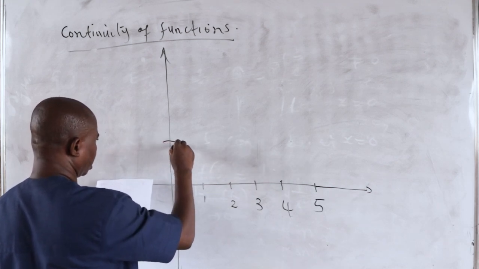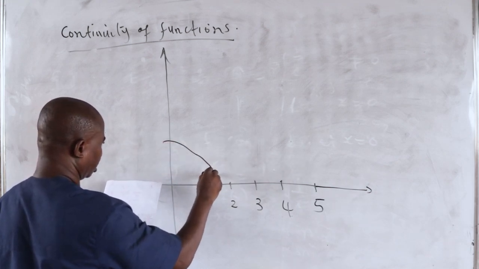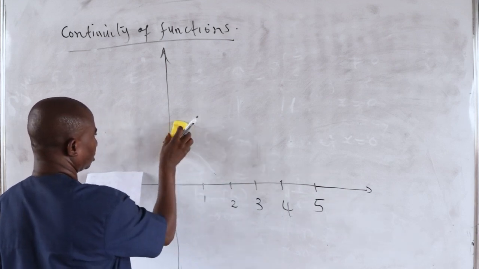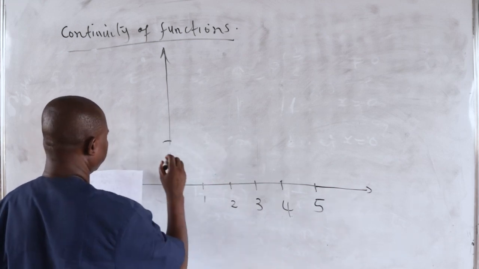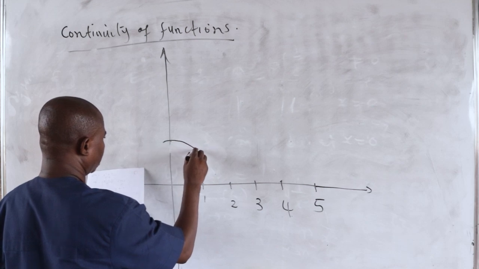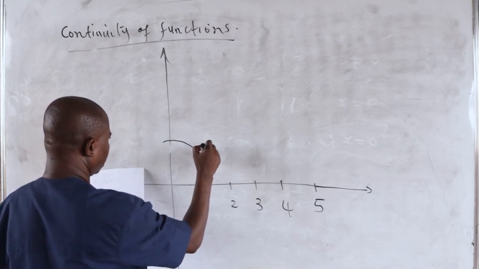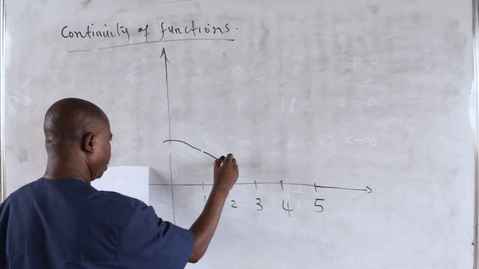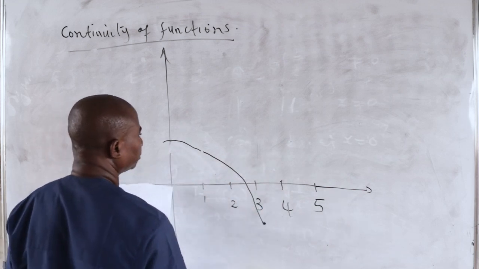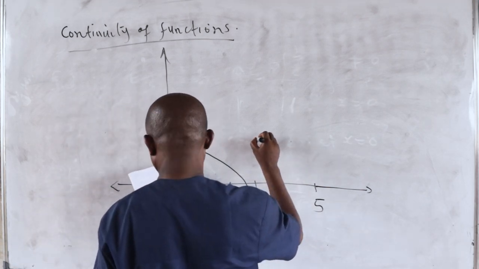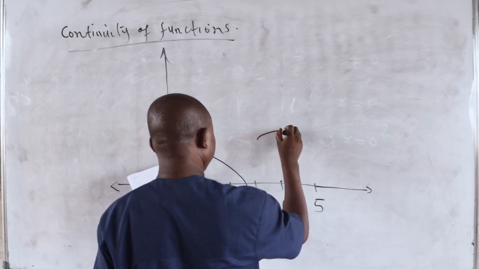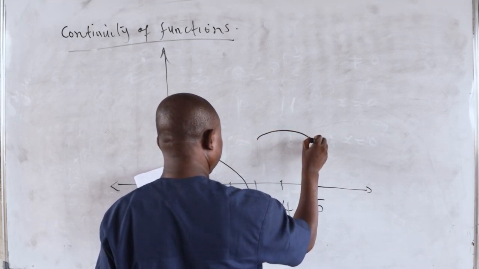Okay. So the behavior of this function is that it goes this way, and then continues. It has a value here, and then at this point it jumps, remains continuous at 5.